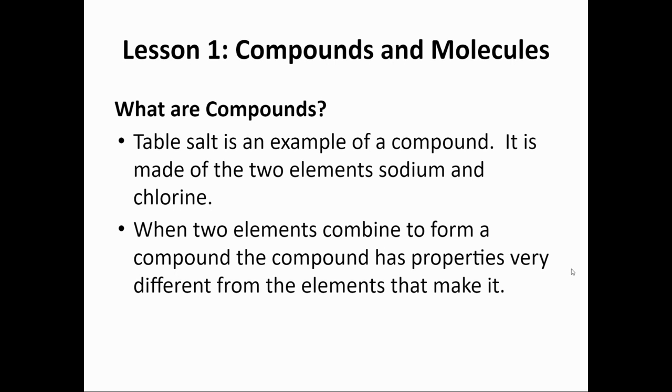Pure elemental sodium is a volatile metal that will explode in the presence of water. Chlorine is a poisonous gas in its pure elemental form. But you put those two together chemically, and they calm down, so to speak, and they create a compound that all living things need, which is salt.